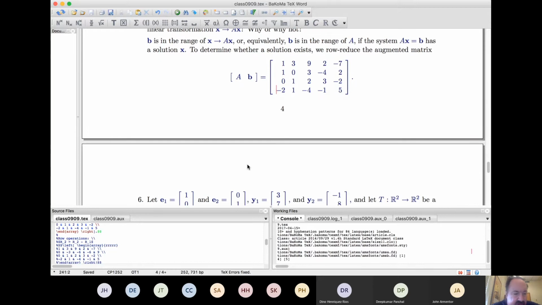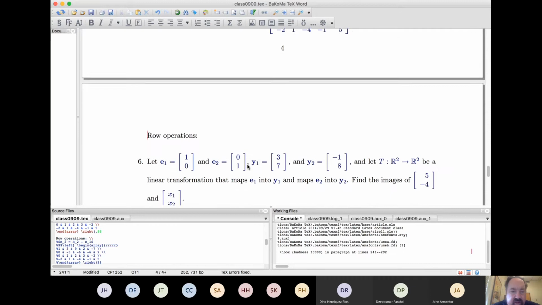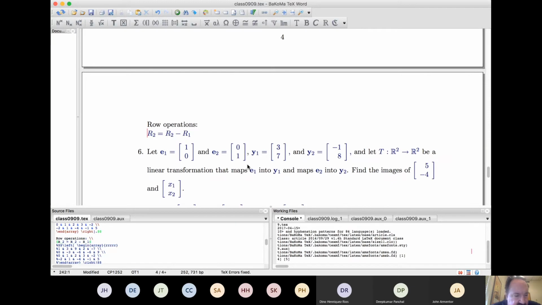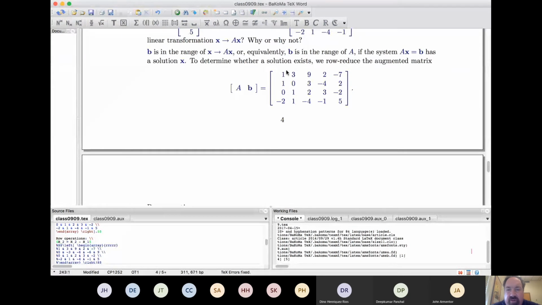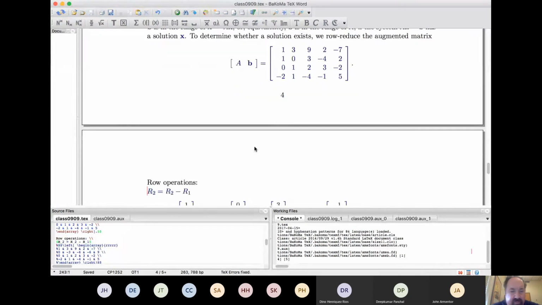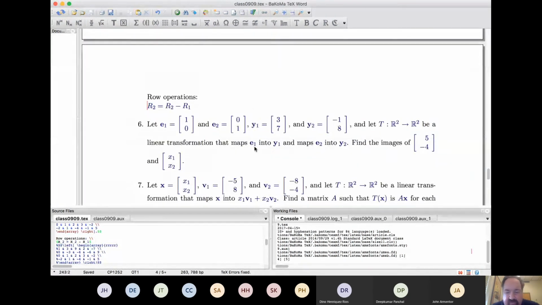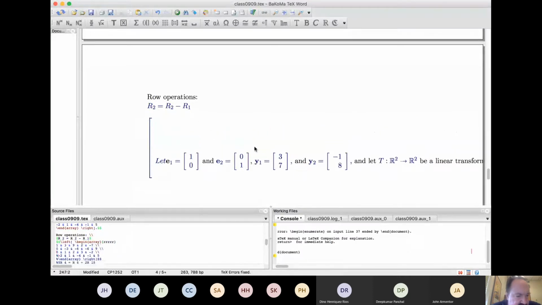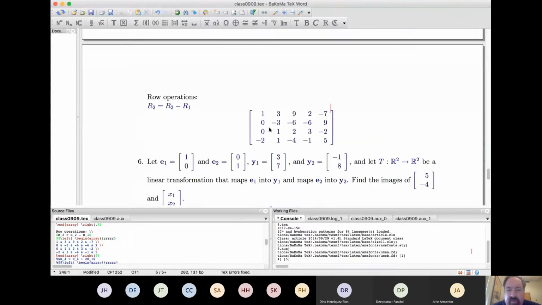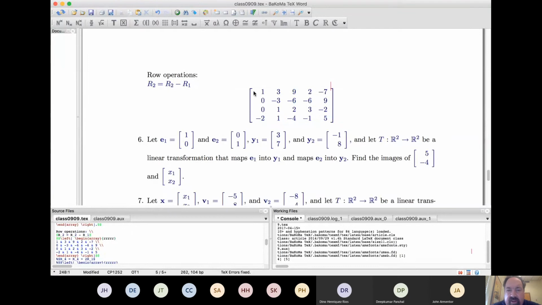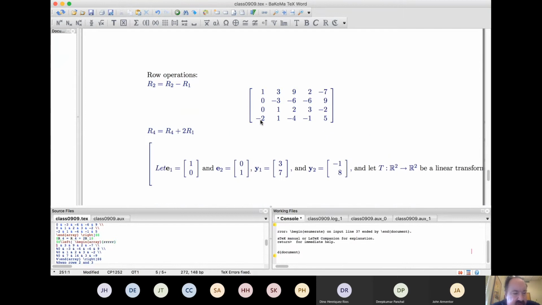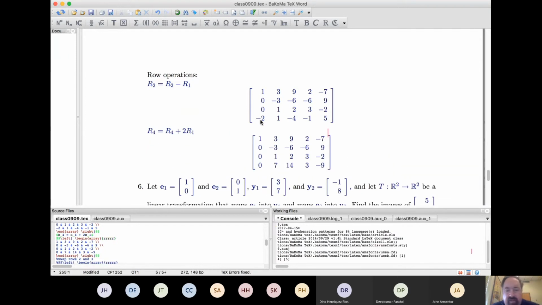And we see what happens. Okay, so here we just subtract these rows to cancel out this 0 here. Okay, and then add twice this row to this one to cancel out that one.